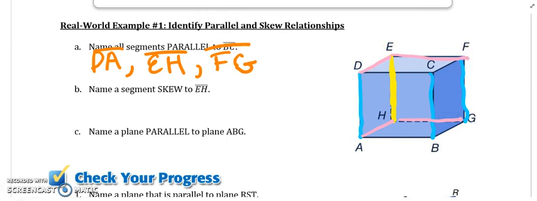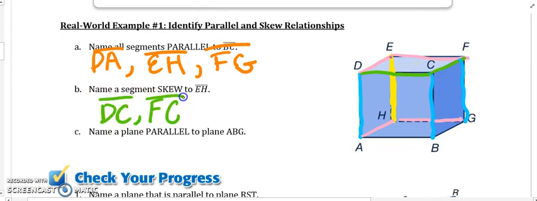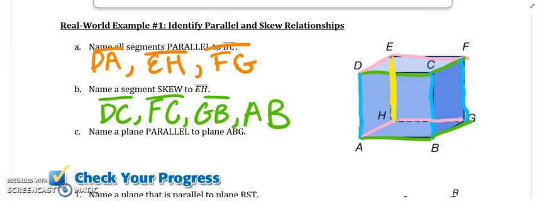Now it's what's left, which is DC, FG, FC, GB, or AB. See how EH is going up and down? Well, none of these are going up and down, or else they'd be parallel. But they're also not intersecting EH, so they shouldn't have the letter E or H in them. So the green ones are skew, the pink ones are what's intersecting it, and the blue ones are what's parallel.